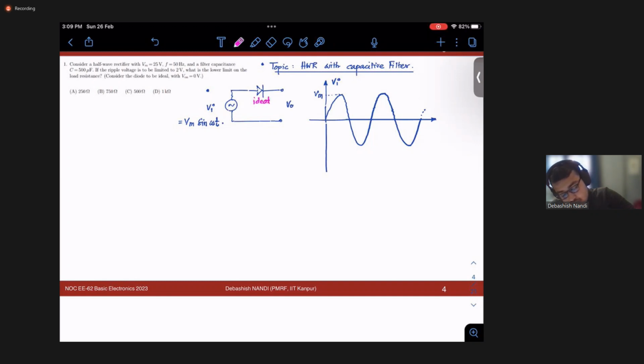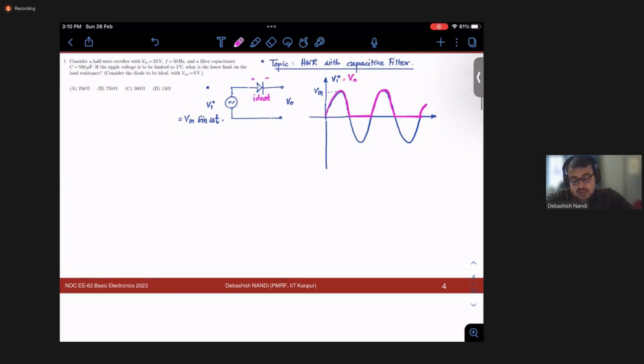When you have the positive half cycle, the diode will be on because the potential drop across it will be more than its cutoff voltage, which for an ideal diode is 0 volt. So for the positive half cycle, the diode will be on and we will get the output voltage the same as the input voltage. And for the negative cycle, there will be no conduction because the diode will be reverse biased and it will be an open circuit, and the similar phenomenon will go on. So this is your V out.